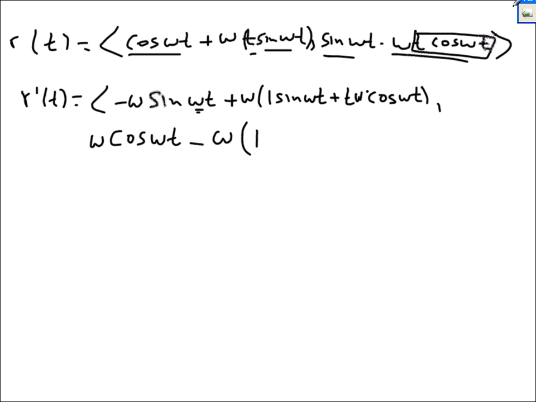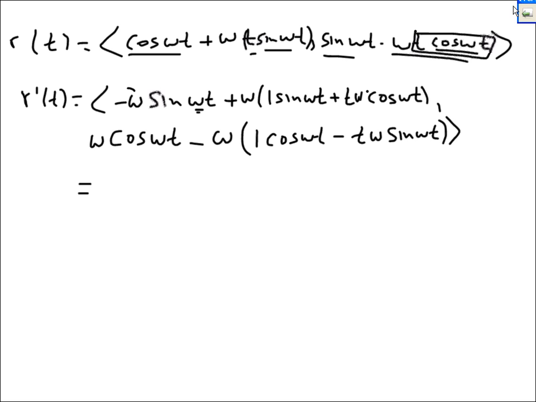Well, it's the derivative of the first, which is 1, times the second function, plus t times the derivative of the second function. The reason I put a minus is the derivative of the second function is negative the sine of omega t times omega. Okay, let us clean this up a little bit.